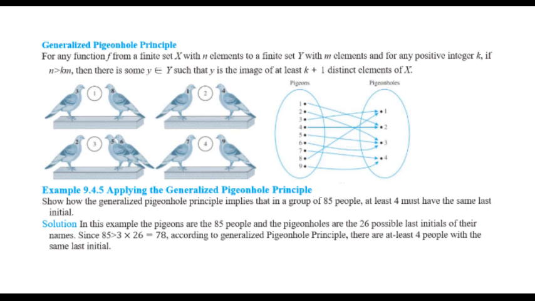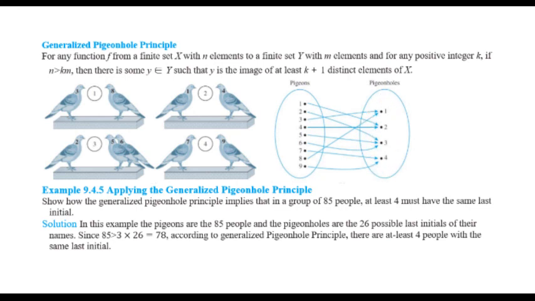So here is the representation of the same pigeonhole principle example using functions. The domain, which is the set of pigeons, has 9 elements, which is more than twice the number of pigeonholes, or the number of elements in the codomain.